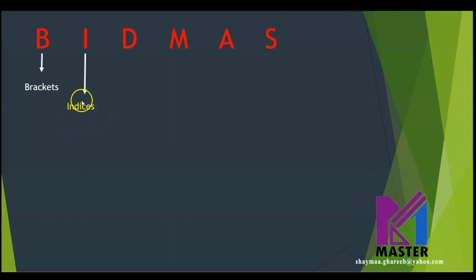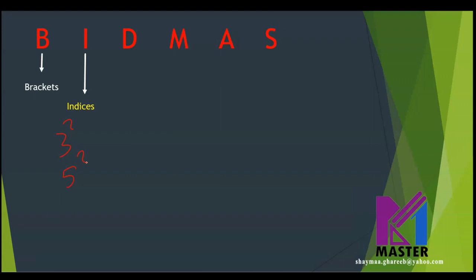Do you remember the meaning of indices? The powers. I will remind you, like when we say 3 to the power of 2, 5 to the power of 2, and so on. So when we have a power, it comes second in the order.